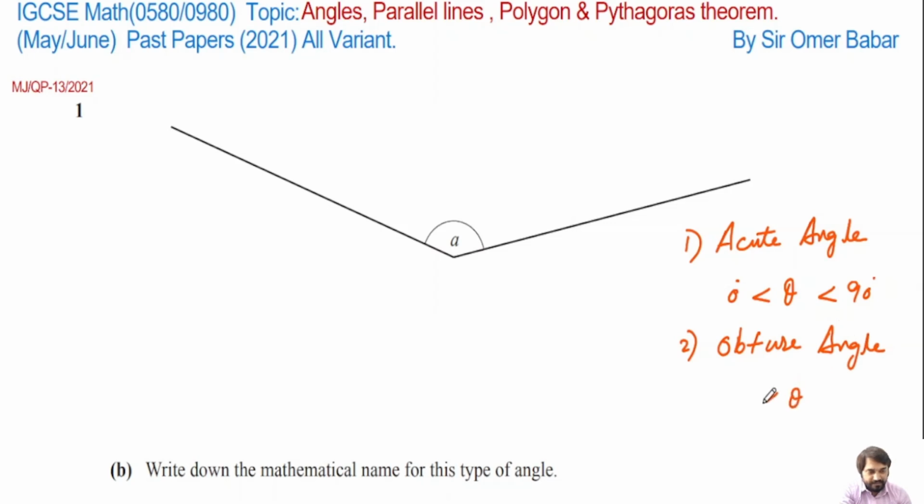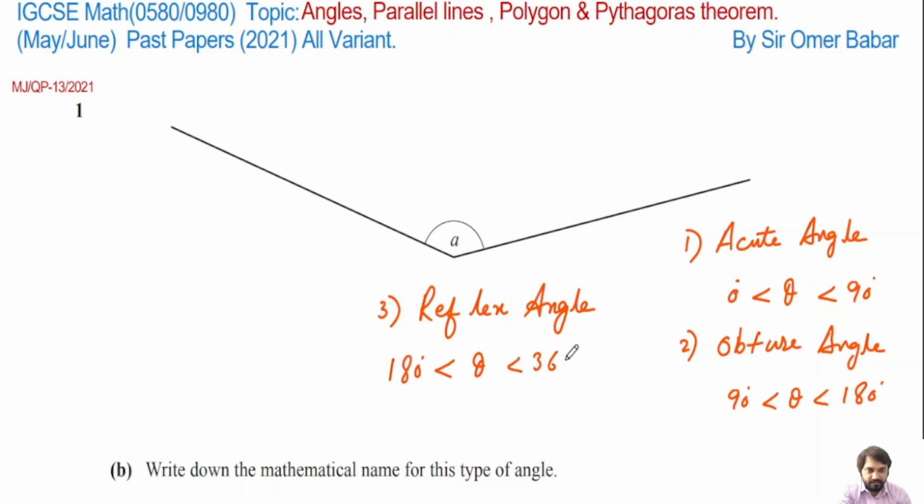When theta, that is the angle, is greater than 90 degrees, less than 180 degrees, we have the obtuse angle. And the last one is the reflex angle, when the angle is greater than 180 degrees and less than 360 degrees.